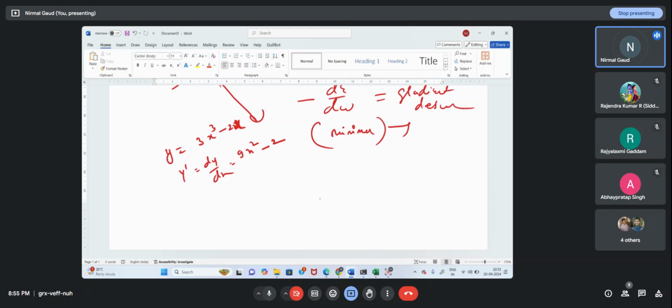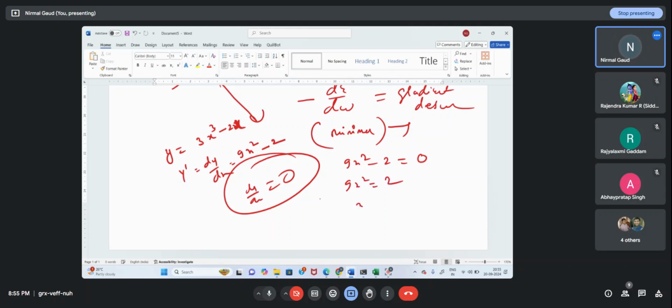So what we have to consider here is that the first differentiation dy by dx is equated to 0, and the values of x are calculated. That means 9x square equal to 2, x square equal to 2 by 9.